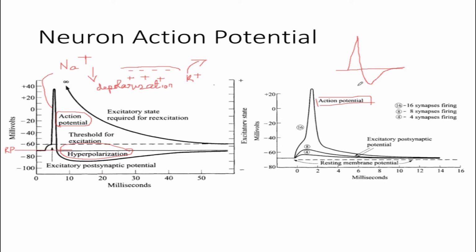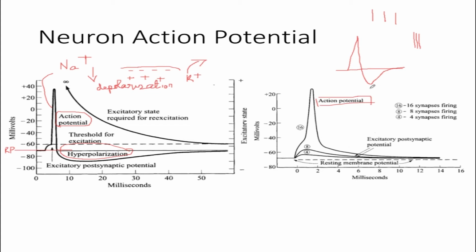That does not change. Only if the intensity is very high, it may result in many high-density action potentials. If the intensity is low, it may result in few action potentials separated with respect to time, in a much lighter density. These are the common things we have to keep in mind.